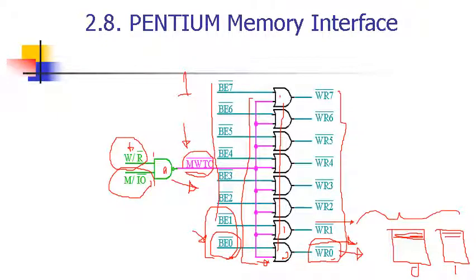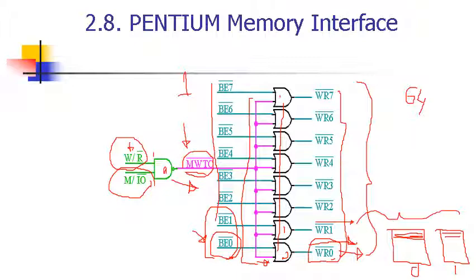Okay, similarly, if you activate all 8 write strobes at a time, all 8 pages, all 8 memory chips will be active at a time, enabling you to write 64 bits at a time. Okay, this is how write strobes are generated.